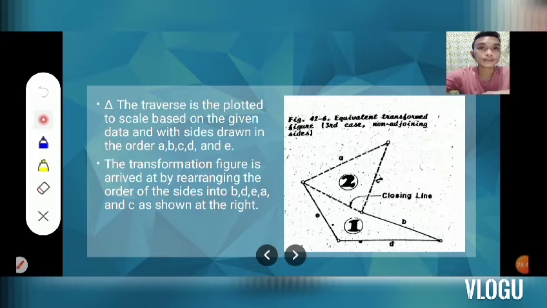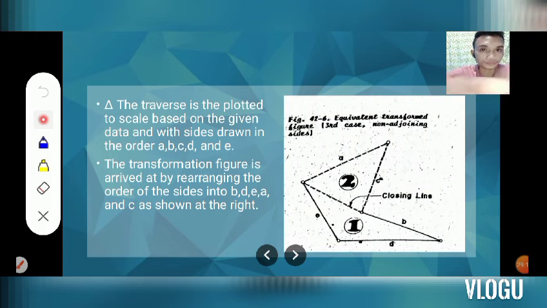The traverse is plotted to scale based on the given data, with sides drawn in the order A, B, C, D, and E. The transformation figure is arrived at by rearranging the order of the sides into B, D, E, A, and C as shown at the right.